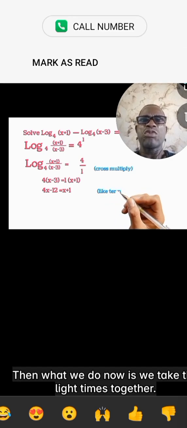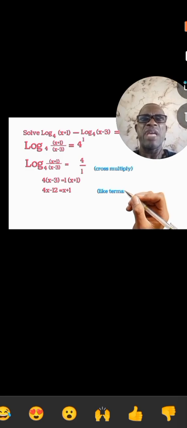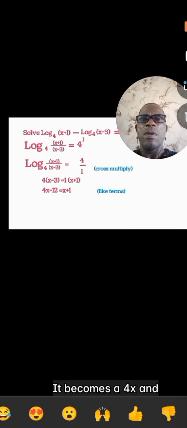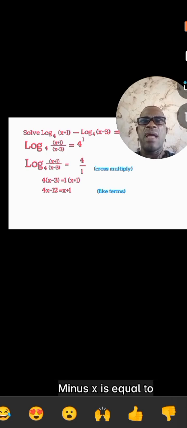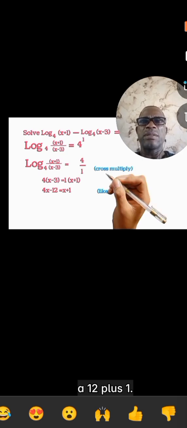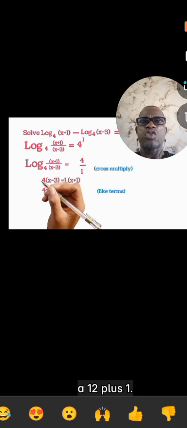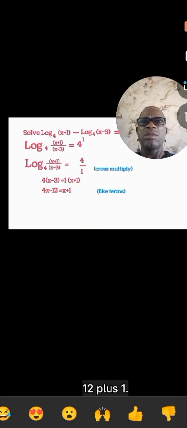Then what we do now is to take the like terms together. It becomes 4x minus x is equal to 12 plus 1.